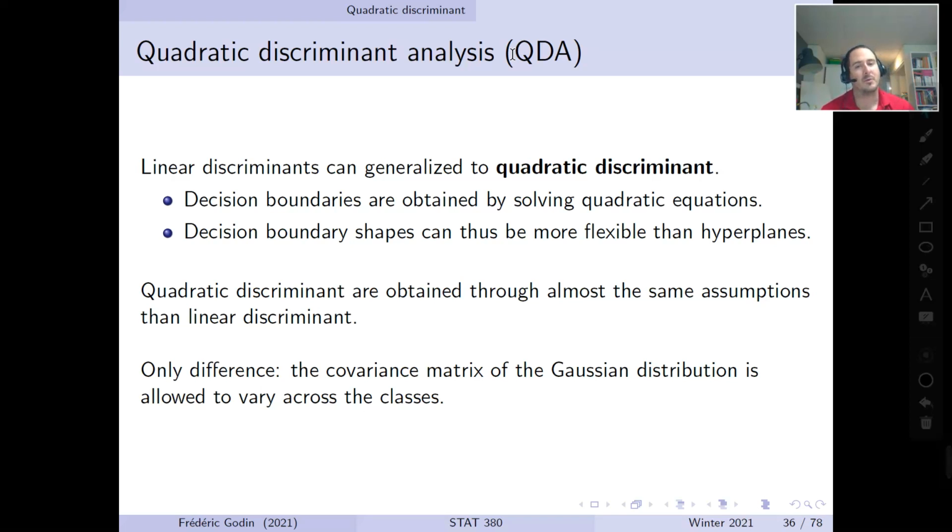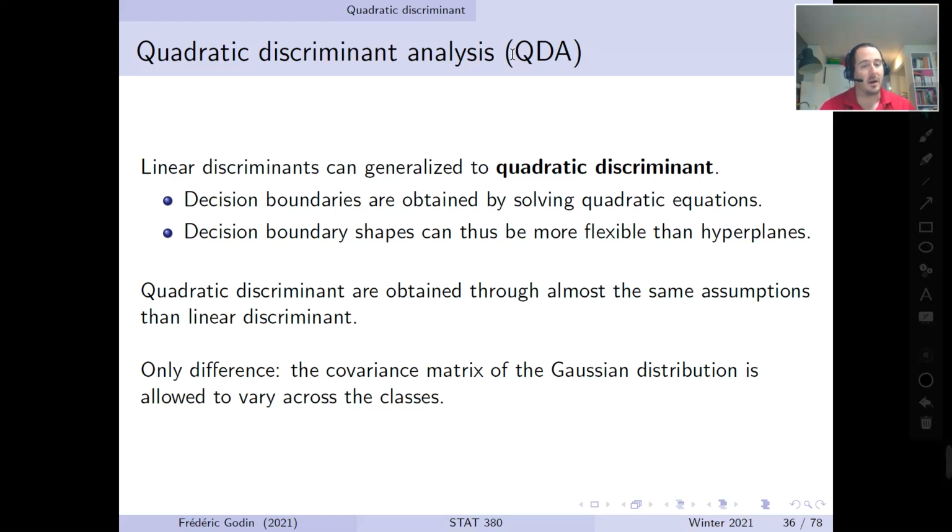So how do we come up with these quadratic boundaries? Well, we're going to see that these quadratic boundaries come from solving some quadratic equations that we are going to outline in the next slides. Because these are quadratic, they are more flexible than linear functions and can have less bias in problems where the true decision boundary is not linear.